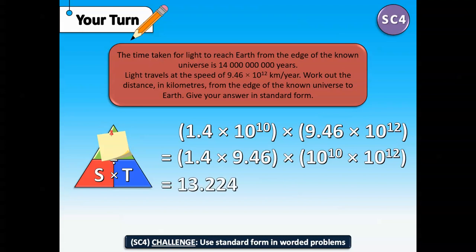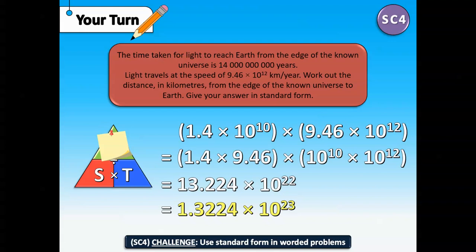Now 1.4 times 9.46 is 13.224. And 10 to the 10 times 10 to the 12, remember we can add the indices together. So that'll be 10 to the power of 22. Then we need to put the decimal point forwards 1 place, which means we add 1 to the power.